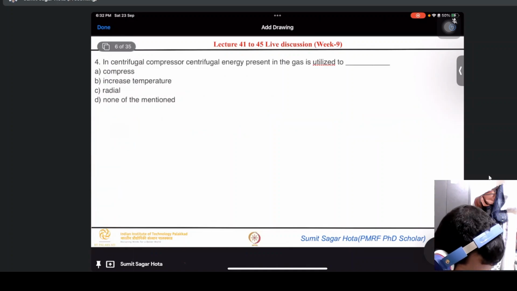In a centrifugal compressor, centrifugal energy present in the gas is utilized to dash.